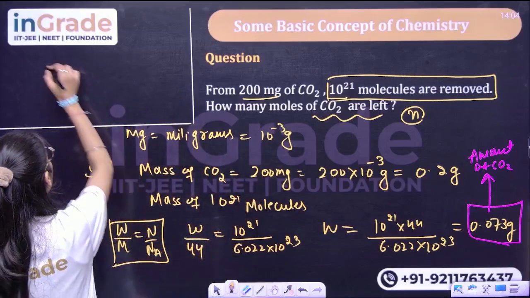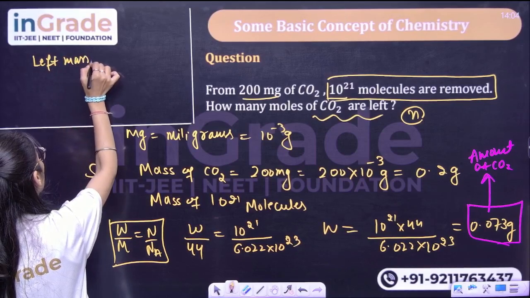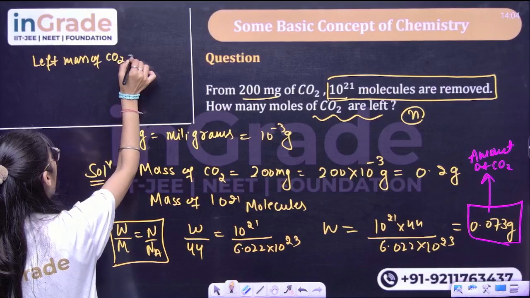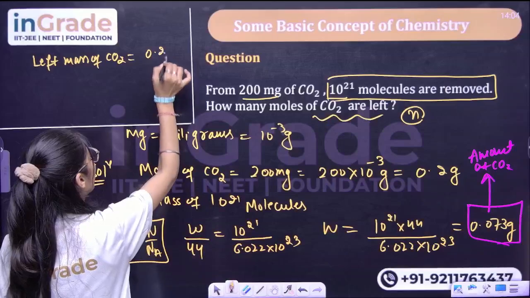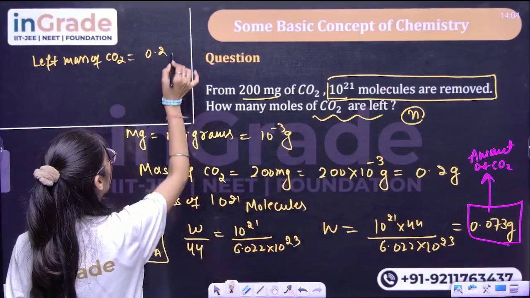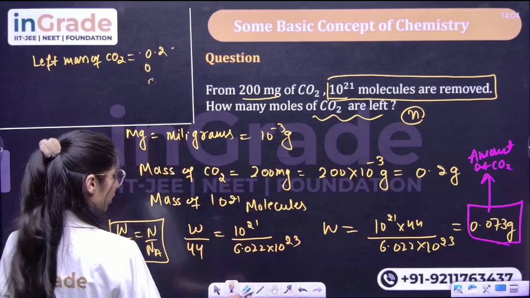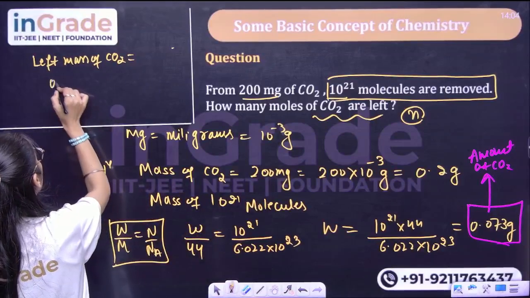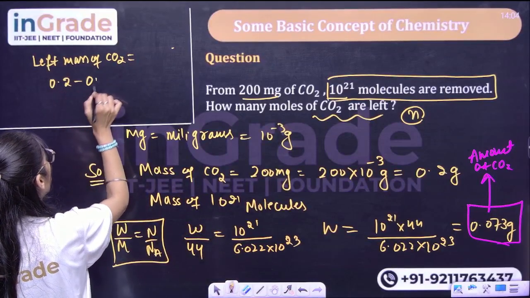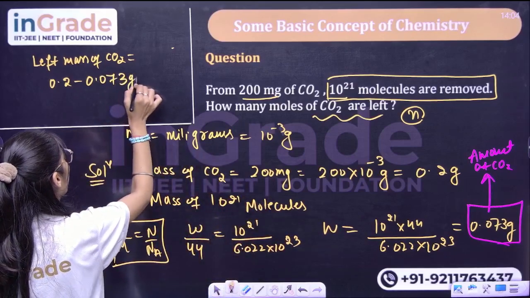So see, left mass of CO2 is equal to, we all know that, 0.2 minus 0.073 gram, right?